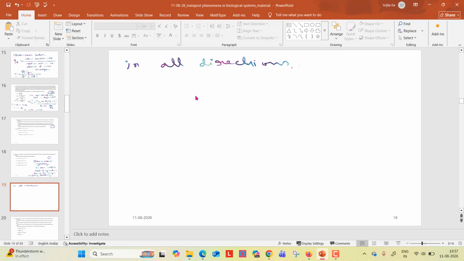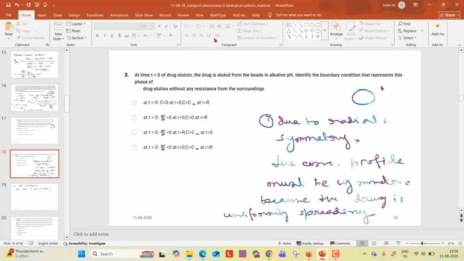So it will be zero flux at the boundary. So with time, when t equals 0, and t greater than 0, del C del R will be 0, right?